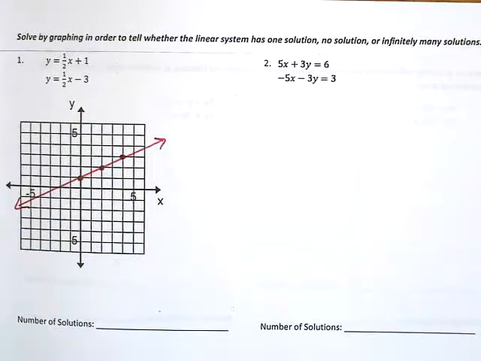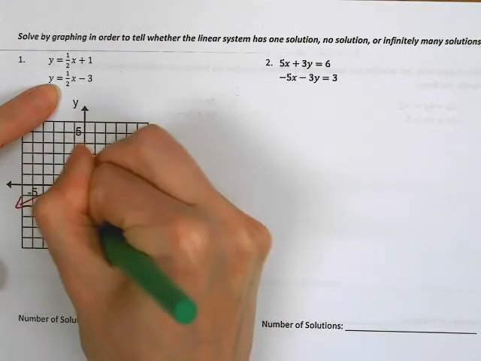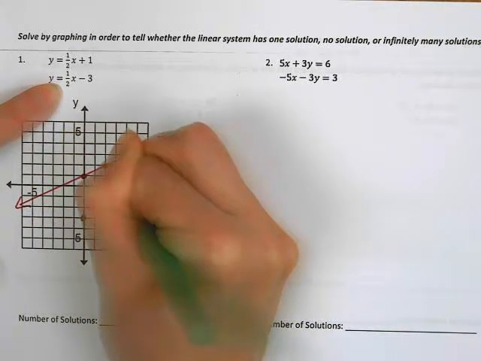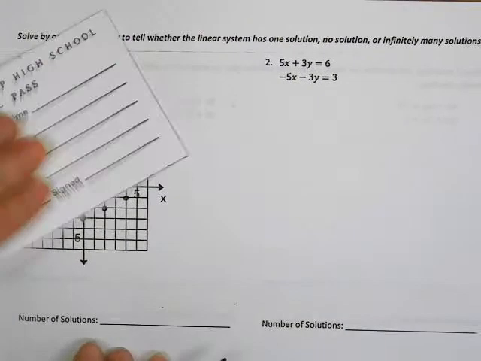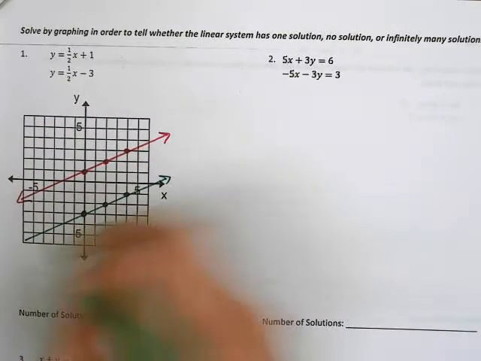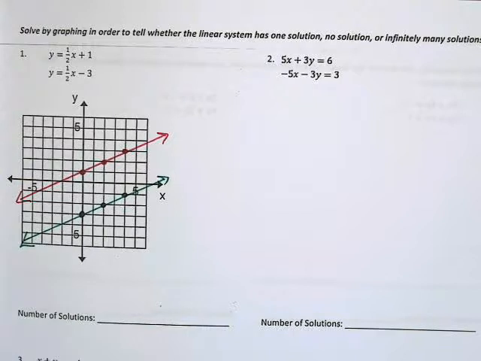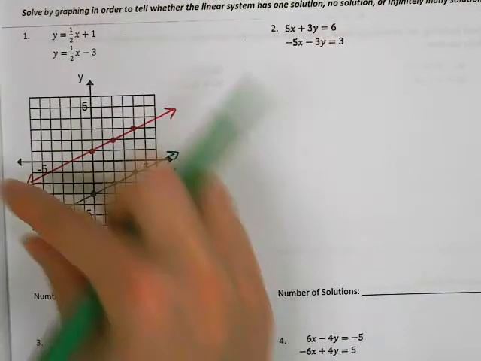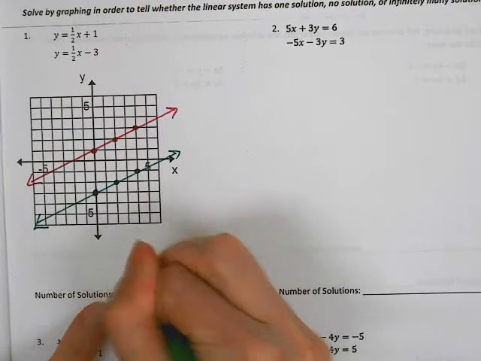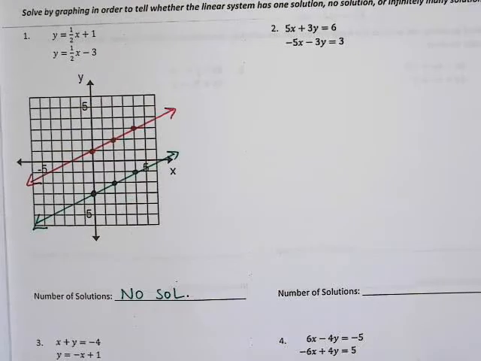So that one, we're going to start at y equals -3 and go up 1, right 2, up 1, right 2. Okay, so we're going to connect those dots. And those are our two lines. Okay, well here's the problem. They never cross. So when that happens, you would say that there are no solutions.